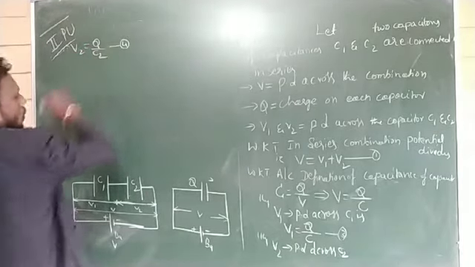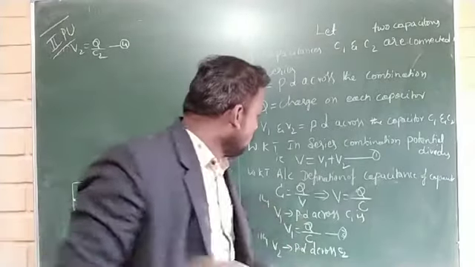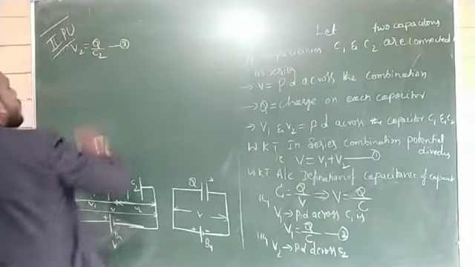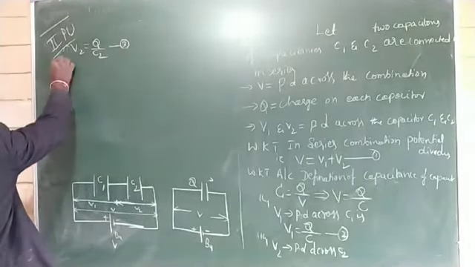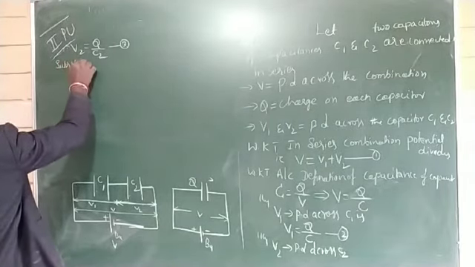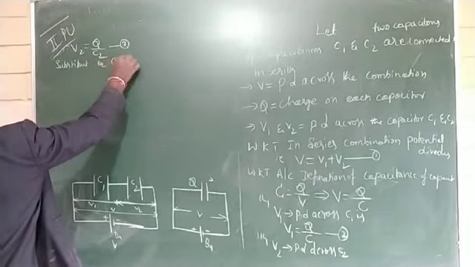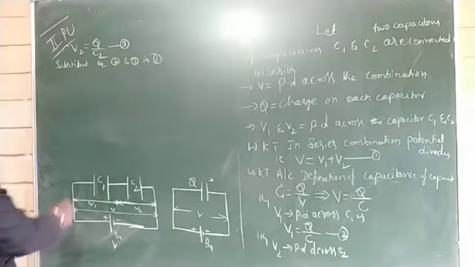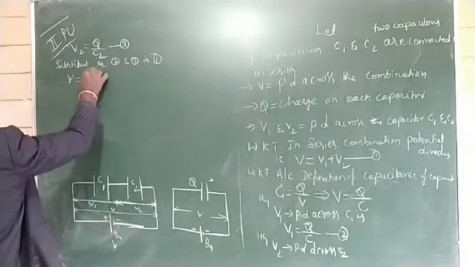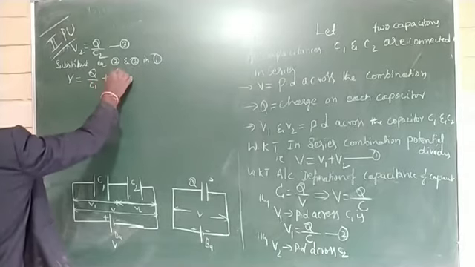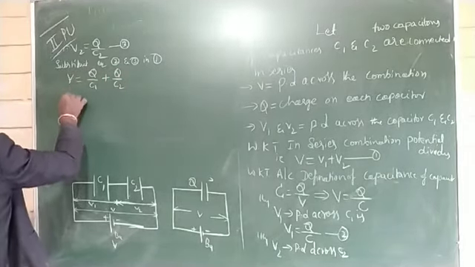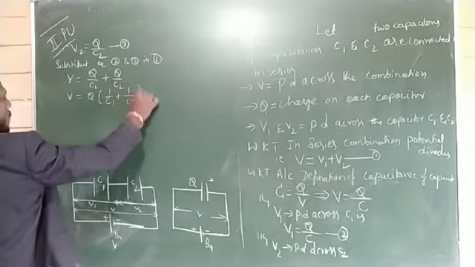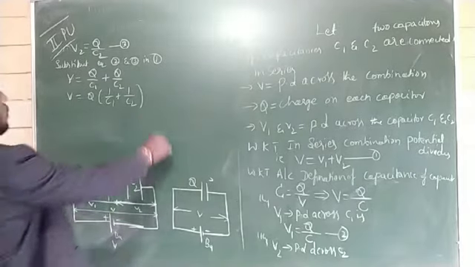Call it equation number 4. Substitute equations 2 and 3 in 1. We get V is equal to Q divided by C1 plus Q divided by C2. Q is common, take it out, so V is equal to Q into 1 divided by C1 plus 1 divided by C2. Call it equation number 4.